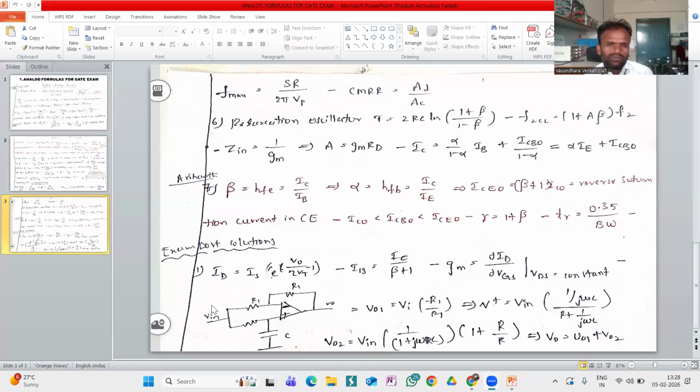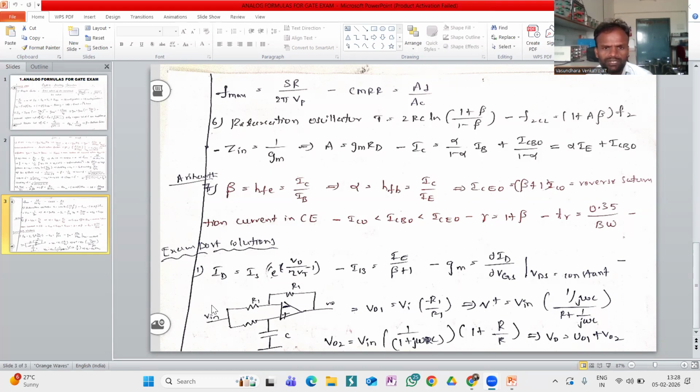F max equal to slew rate by 2 pi Vp. Vp is the peak voltage. CMRR, common mode rejection ratio, equal to AD by AC. AD is the differential gain, and AC is the common gain.